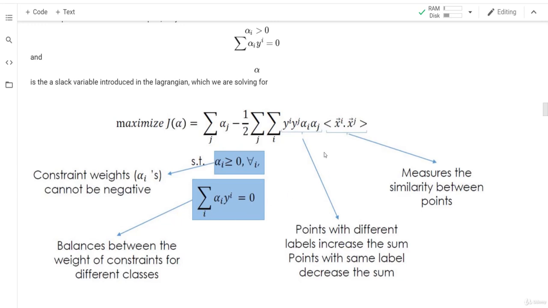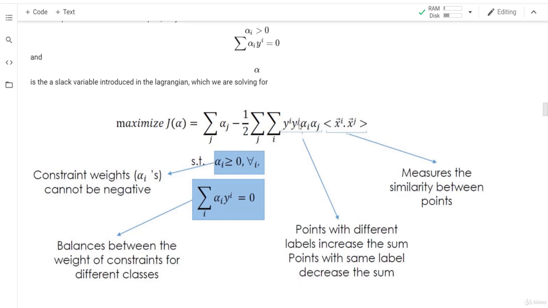Here we are saying yi and yj. So what are yi and yj? As you can see here, points with different labels increase the sum, while points with the same label decrease the sum, because here we have a negative. If we have different labels, the two labels we have are 1 or -1.